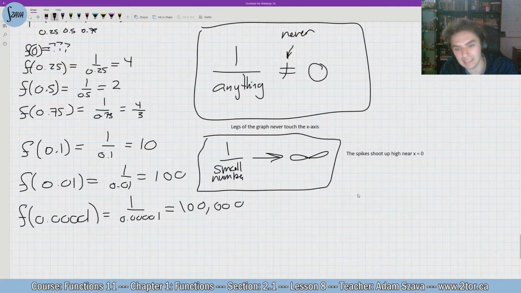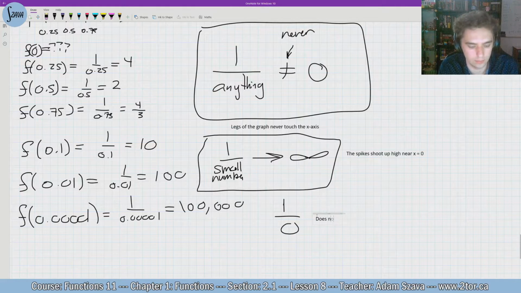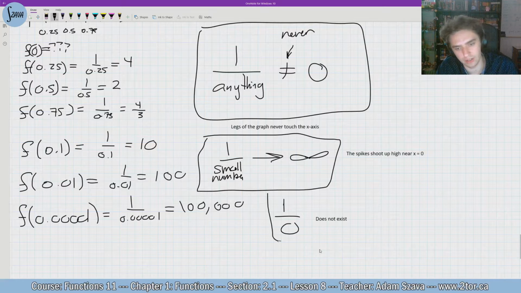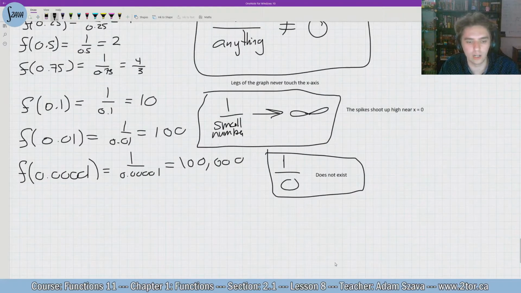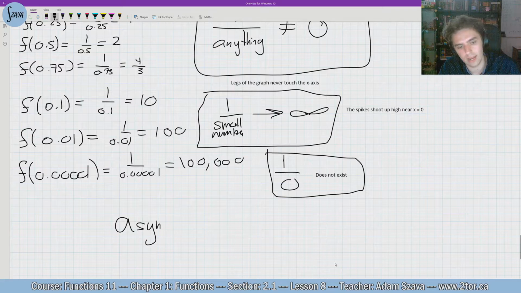But at actual x equals 0, 1 over 0 does not exist. There's a name for this kind of behavior, and it's called an asymptote. An asymptote is spelled like that, right?